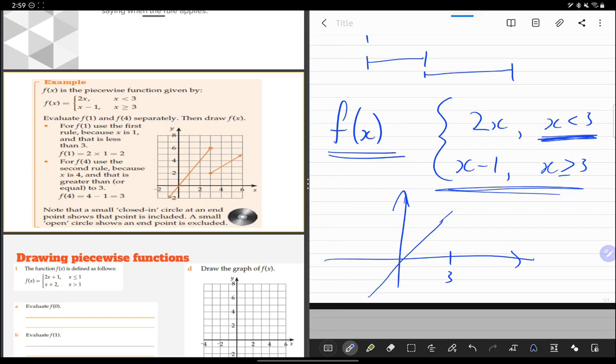But from here on out, when x is 3 or more, so at x equals 3, we use this value now. We don't use this value anymore. If I asked how high does this graph go at the point where x is 3? We don't use 2x. We use x minus 1, because this one is x greater than or equal to 3, as you can see right there.